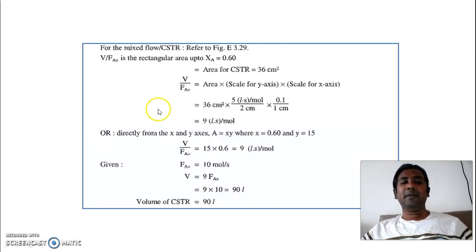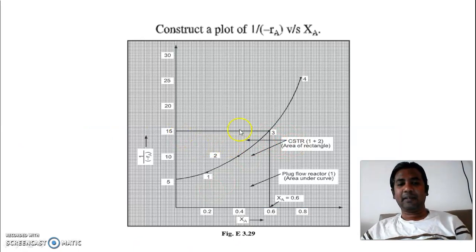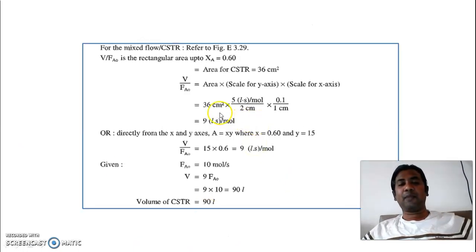Okay. Now after getting these values, we will use them to calculate the volume of the CSTR as well as the volume of the PFR. Now the area for CSTR you have got is 36. So that area will be multiplied by the scale on the x-axis and the scale on the y-axis.